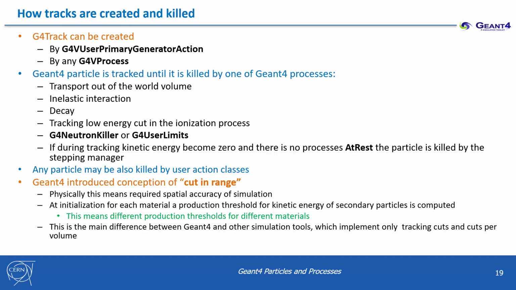For effective and accurate tracking, G4 introduced the concept of cutting range, which is unique for G4 and is not used in any alternative Monte Carlo tools. Physically, this means we require some spatial accuracy of simulation.